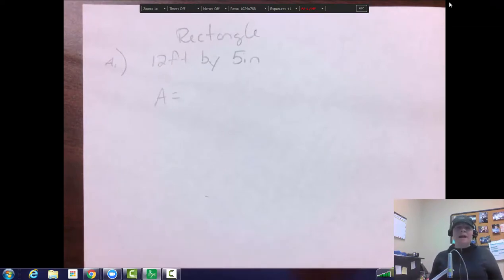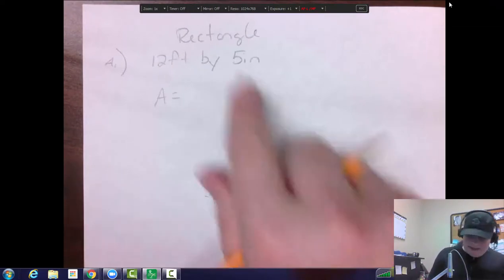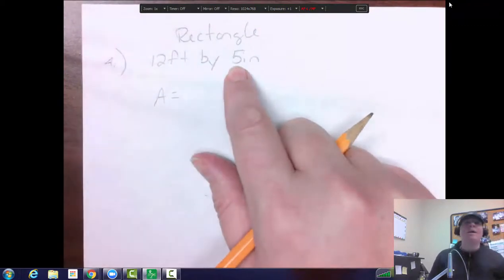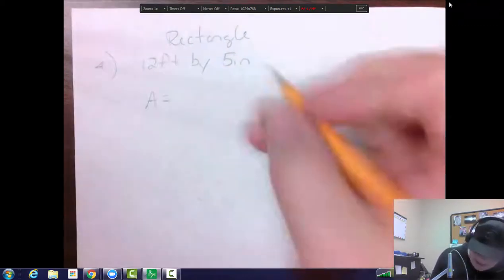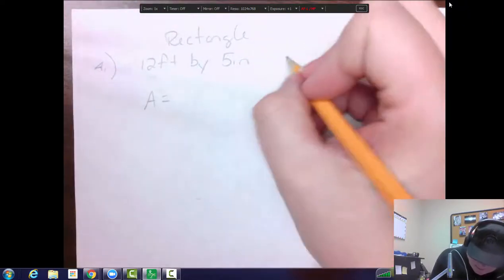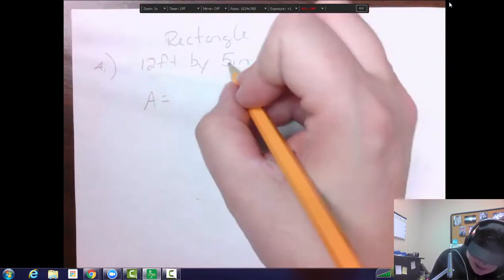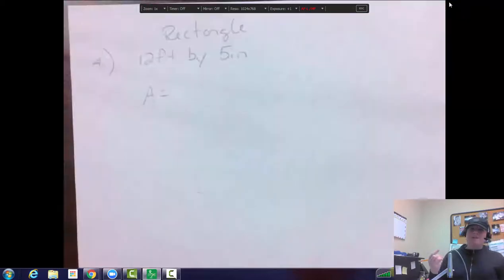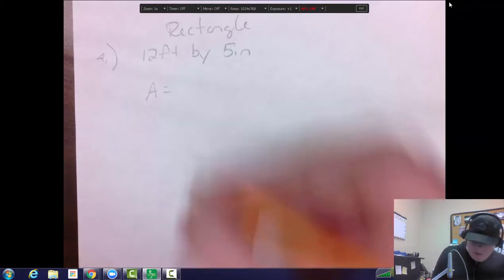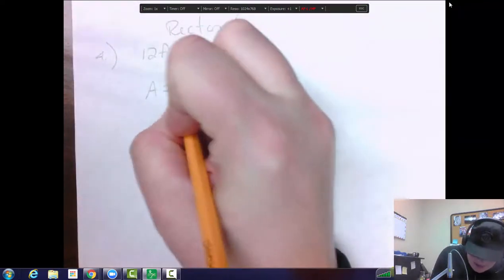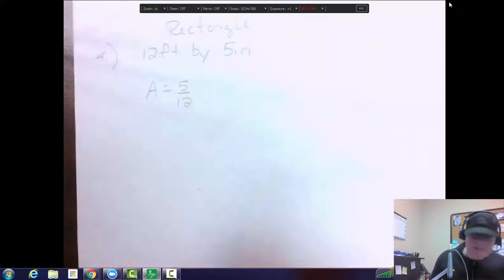So what I do is convert. It'll tell you what it wants the answer in. Let's say our answer needs to be in feet. So I want area in feet, so I'm going to take 5 inches and convert it to feet. How many inches are in a foot? There's 12. So this one will become 5/12 feet.